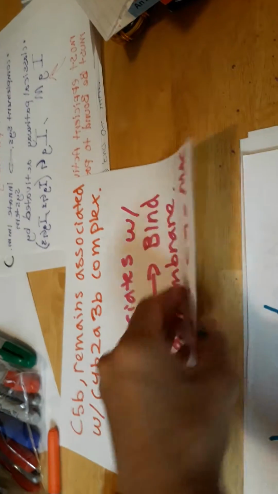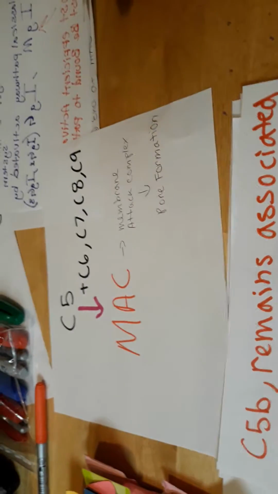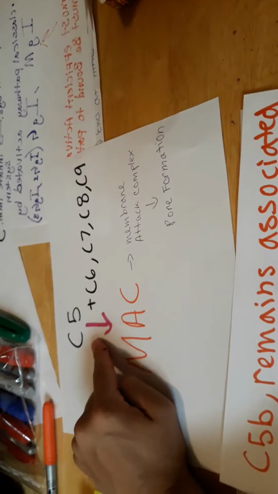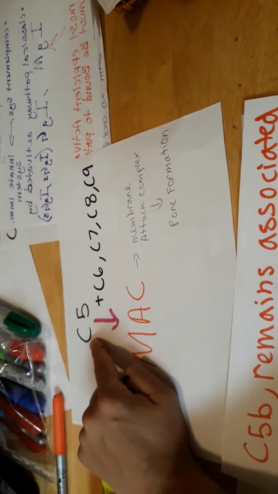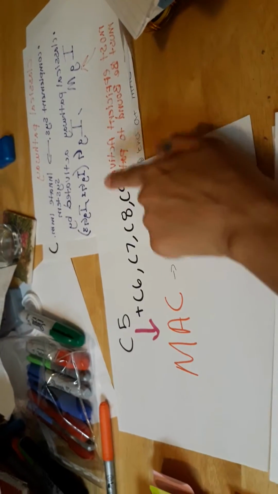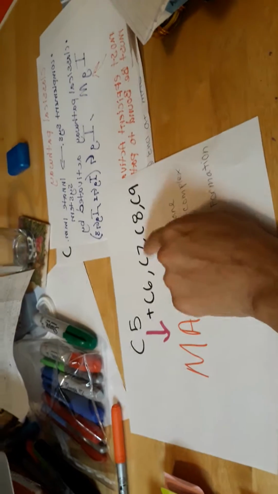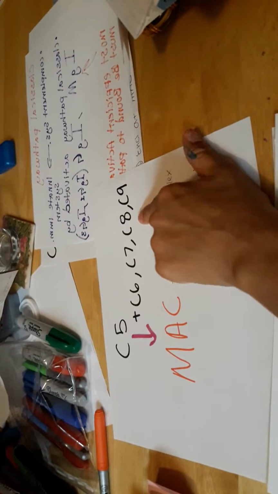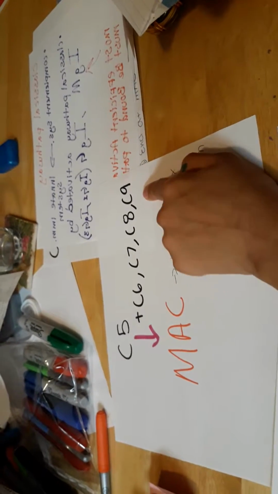It looks confusing when it's all written out, but look at this pretty picture I have here. All right, C5, that was the end of the enzyme reactions, right? Okay, there's no more enzyme reactions. What just happens now is C5b is just going to pick up these complement proteins from the serum. C5b-6, C5b-7, C5b-8, and why do I keep saying C5?